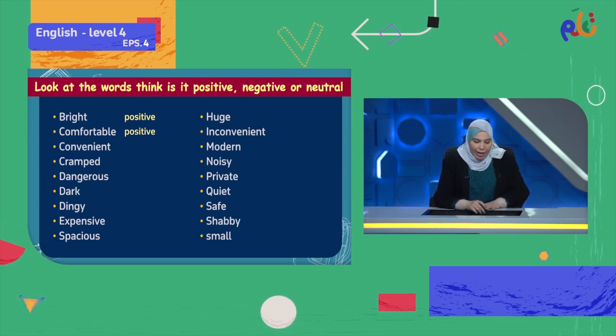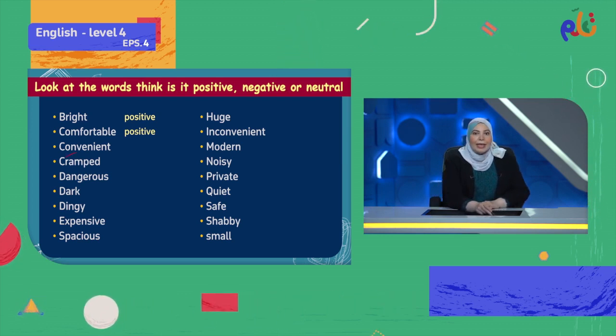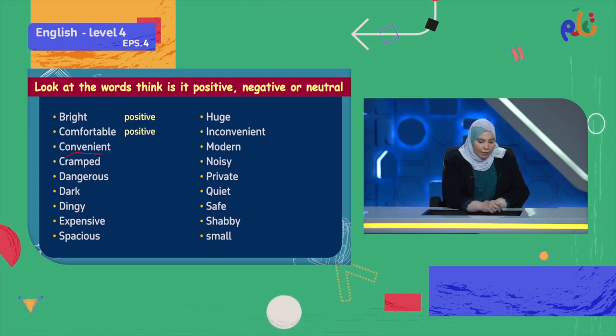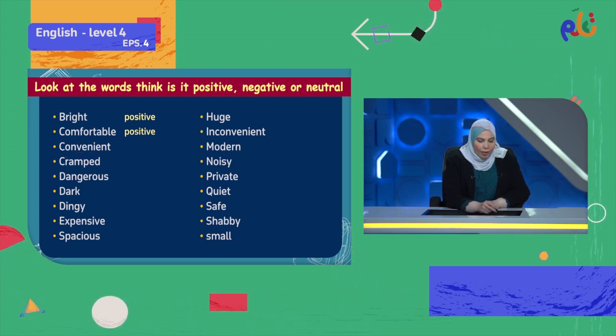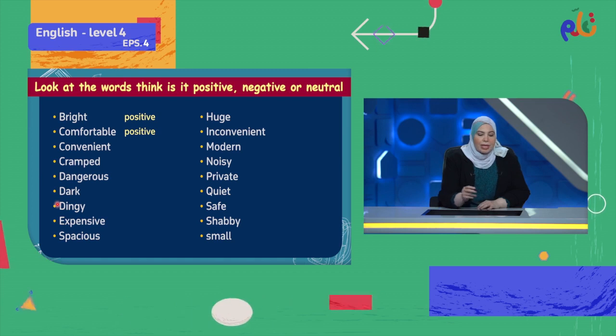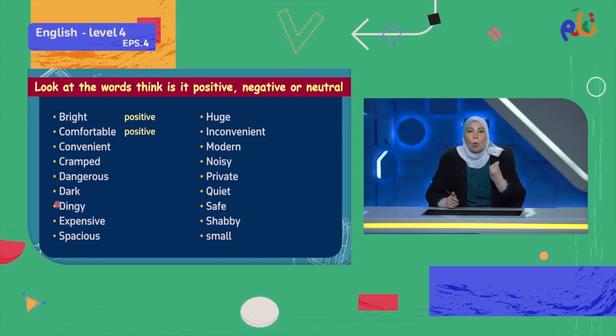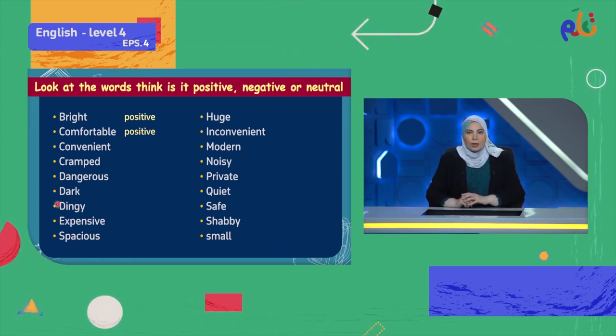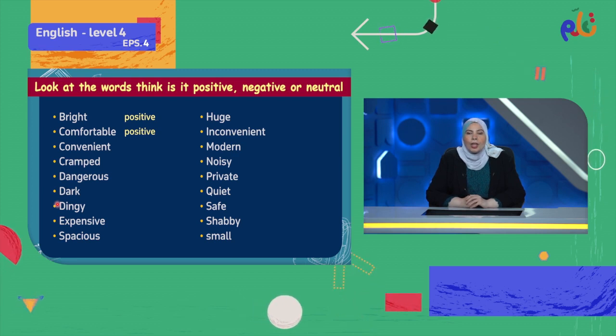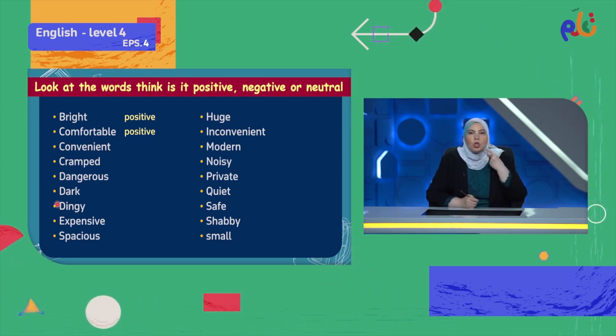And then we have convenient. Convenient here means suitable or good for me. And the first sound is not O, it's con.